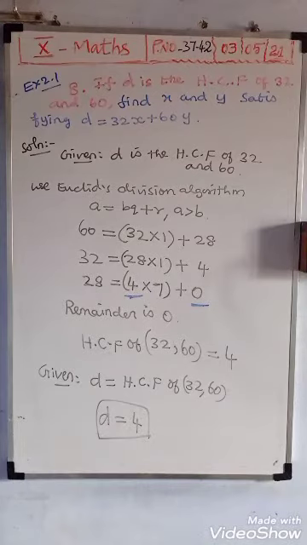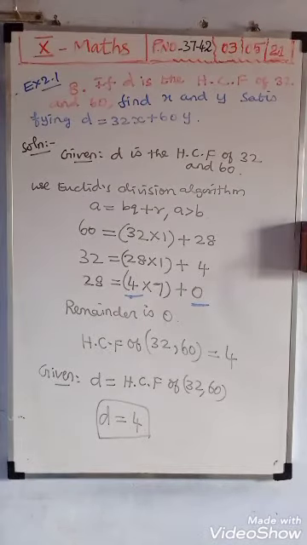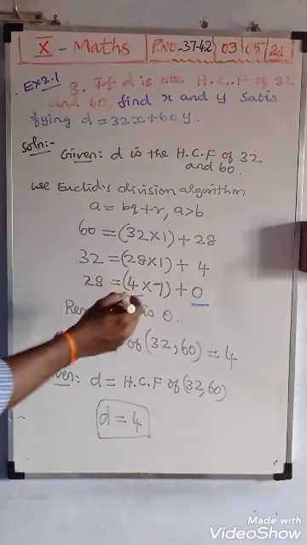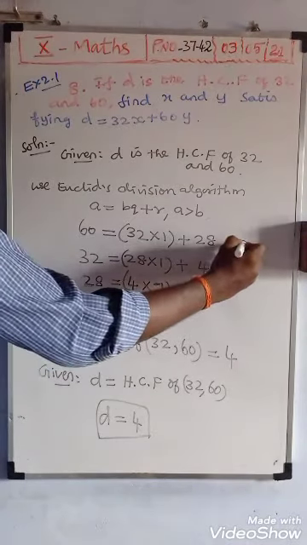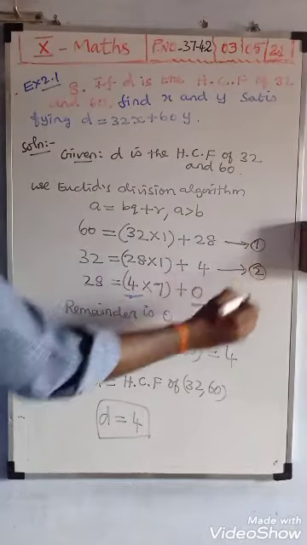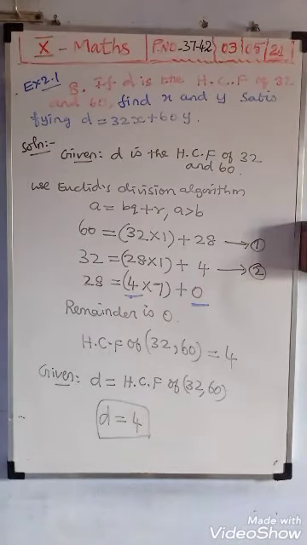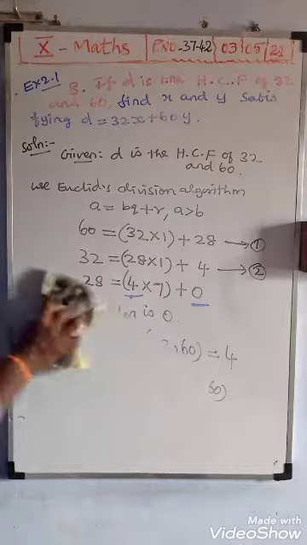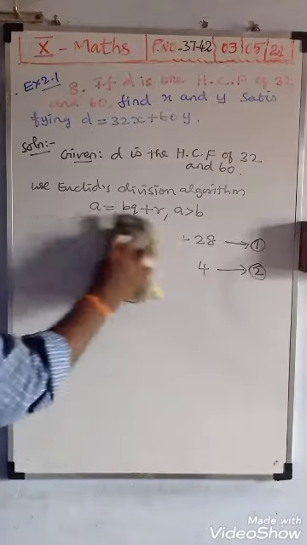Then next, see, D value we received. So for getting x and y values, consider this as equation 1, and this as equation 2. Next, this D value you should substitute.